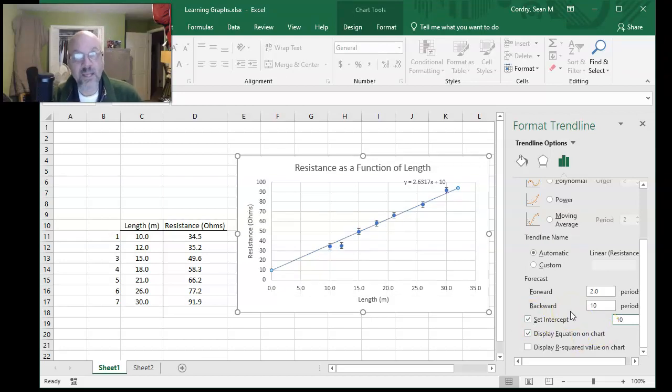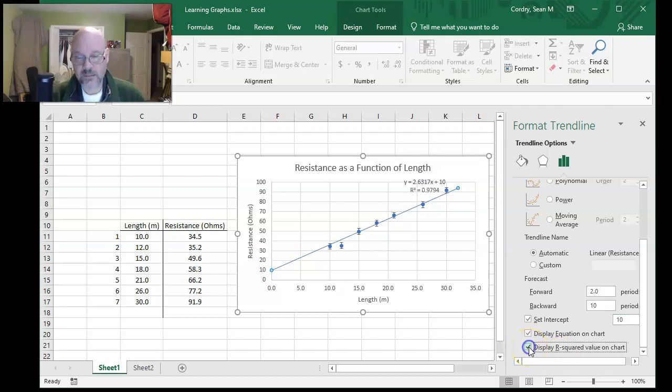One more thing, and we're not going to use this very often: the R-squared value. This tells you how well the trend line explains the behavior of your data.